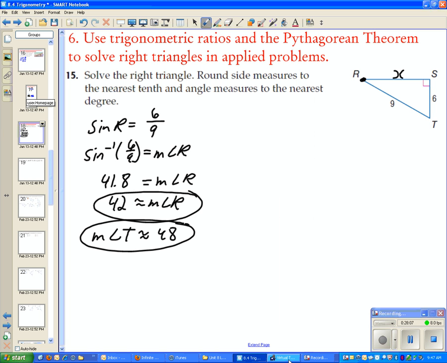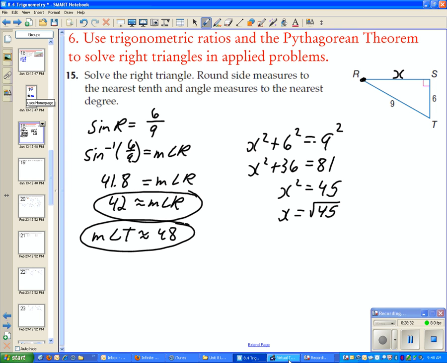Then I'm going to say that one leg squared plus the other leg squared equals the hypotenuse squared. That would be x squared plus 36 equals 81. What's 81 minus 36? So x squared equals 45, which means x is the square root of 45. So the length of RS is the square root of 45.